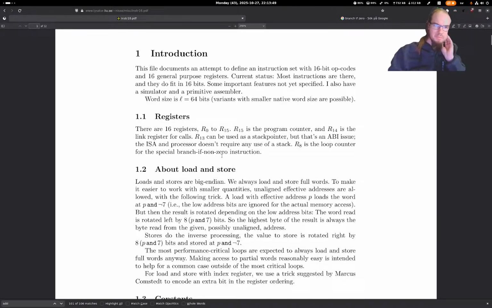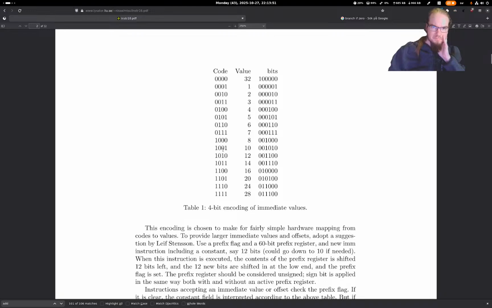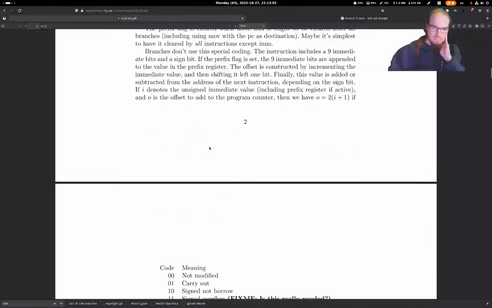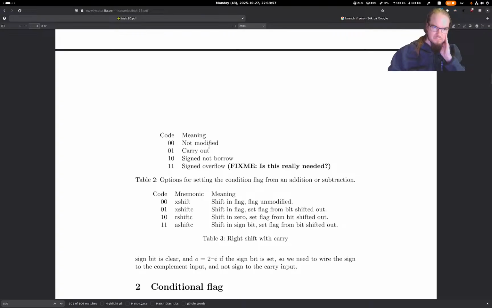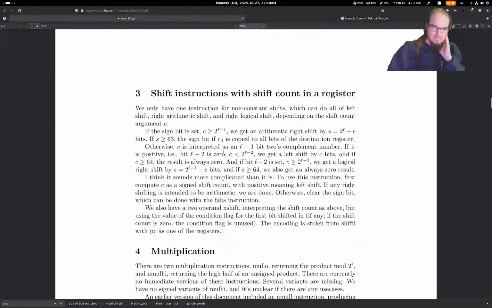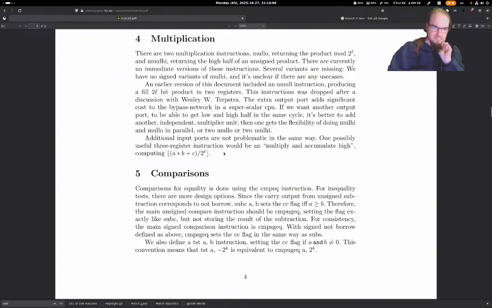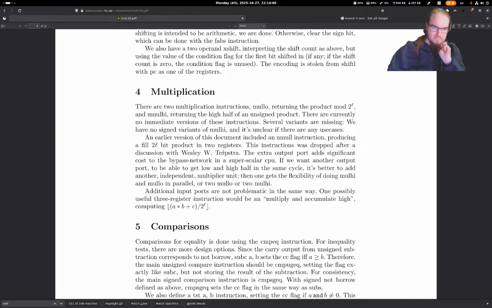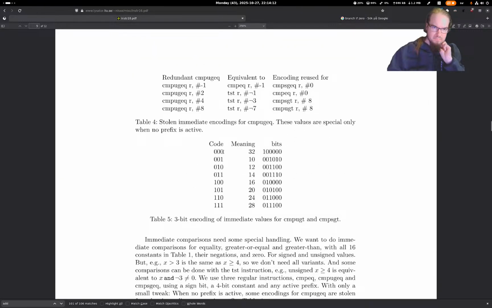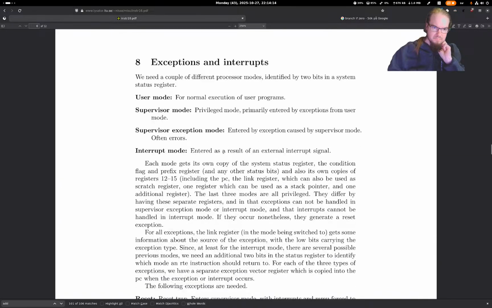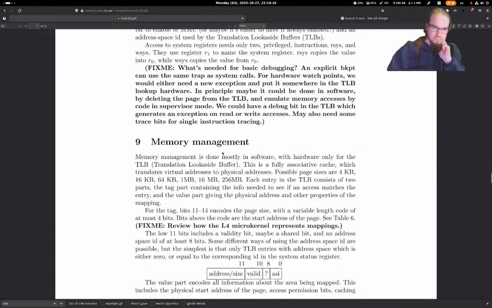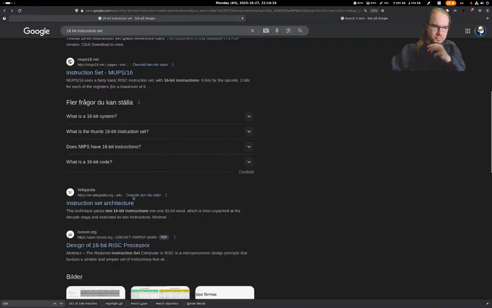How do other people do this then? That was awful to read.